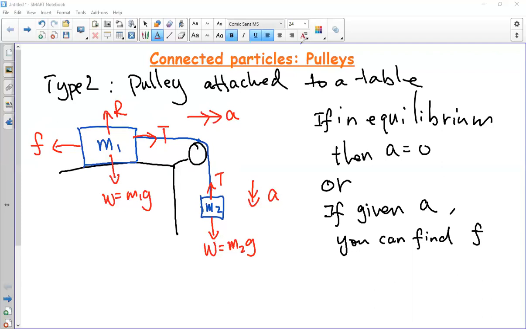Now let's have a look at a question, because in some of the exam questions, they don't really give you a diagram, so you need to know how to draw the diagram and label all the forces. Let's have a look at one question.